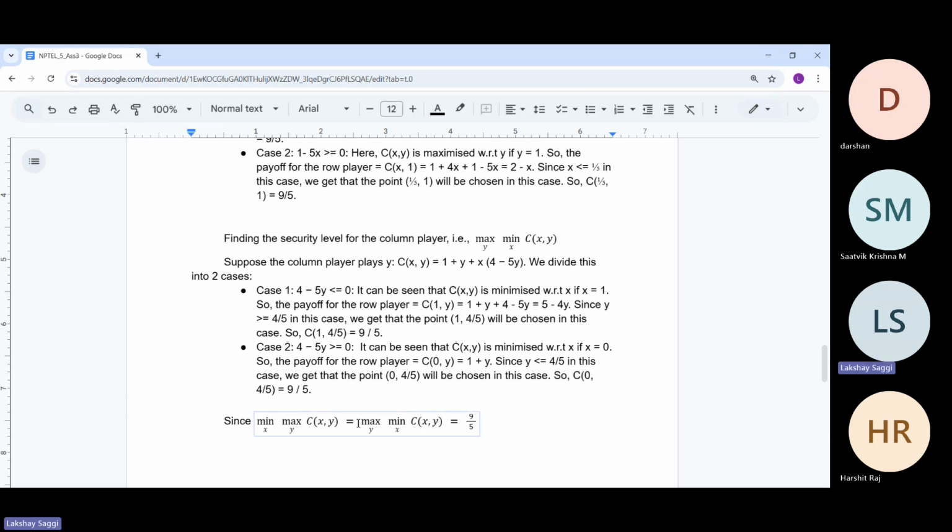This means that the value of the game is indeed equal to 9 by 5. So 9 by 5 will be the answer here. I hope this makes sense, guys.